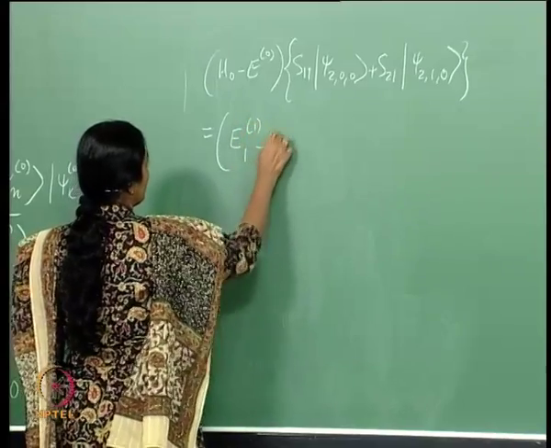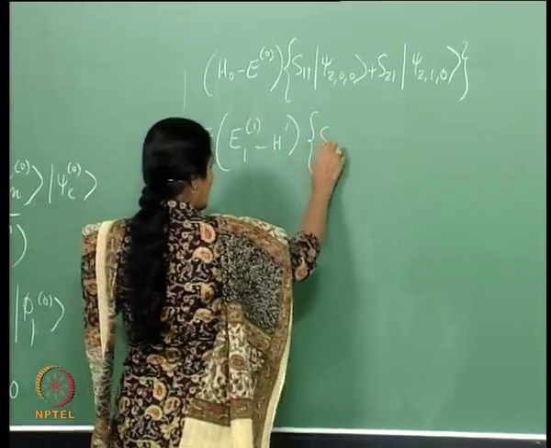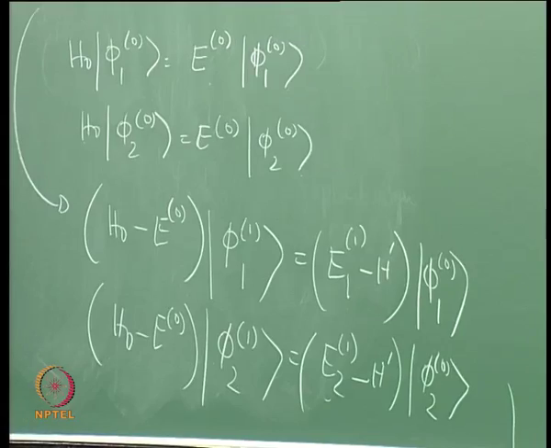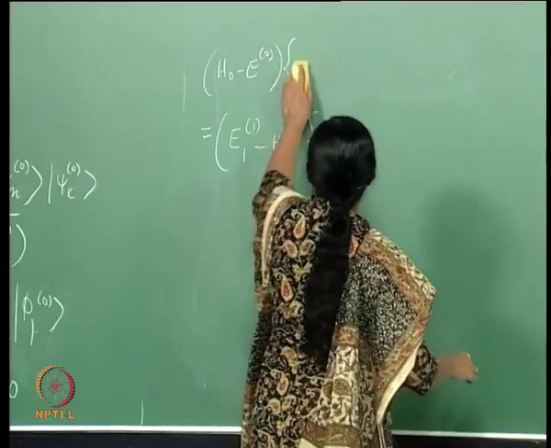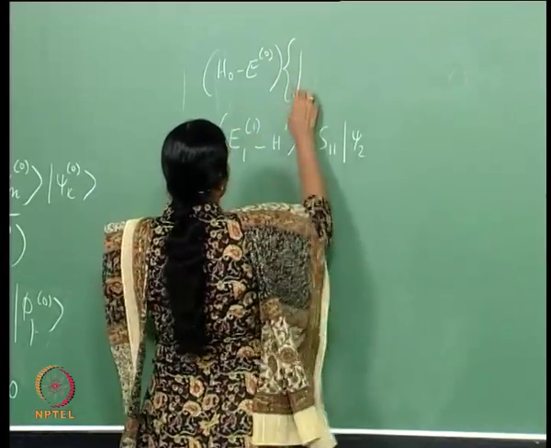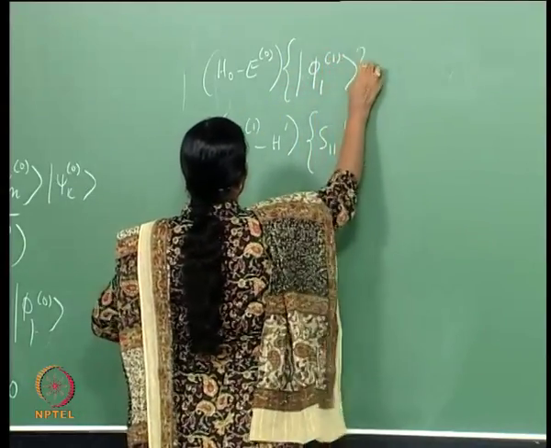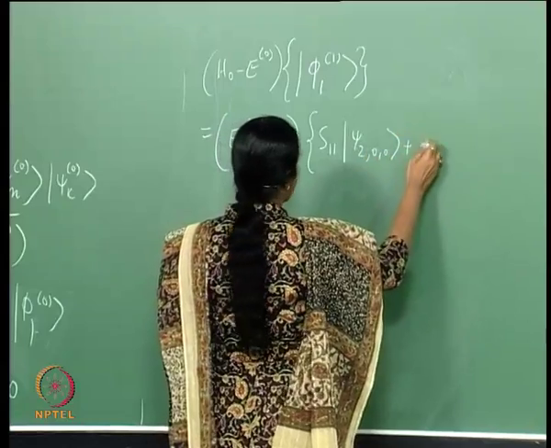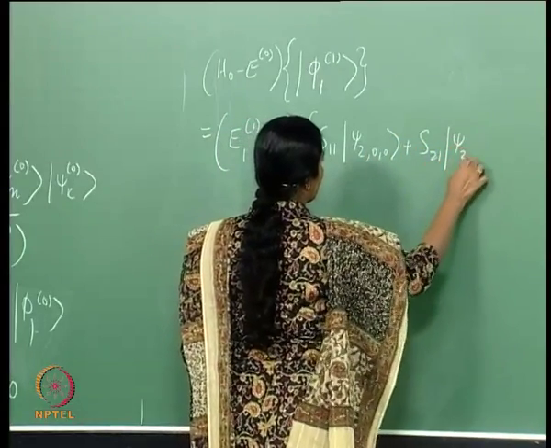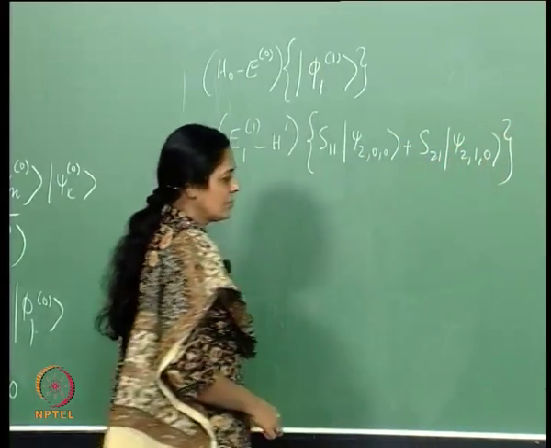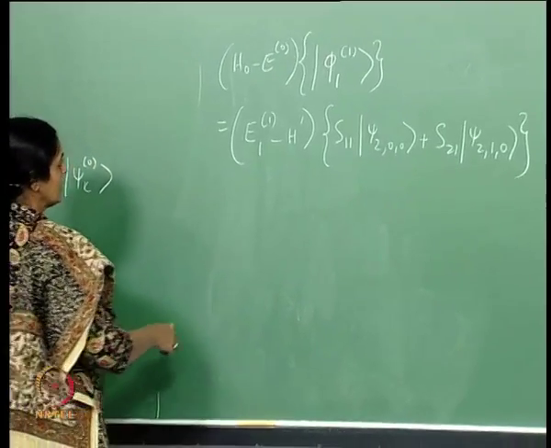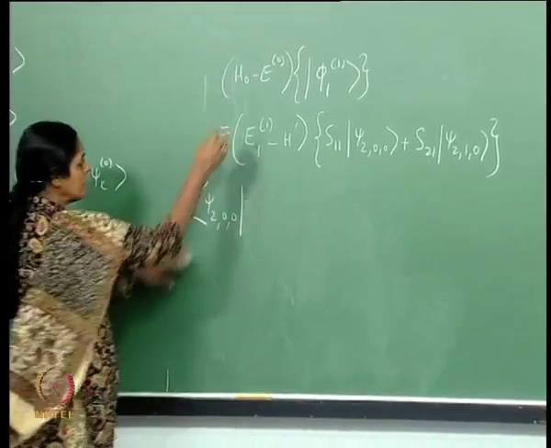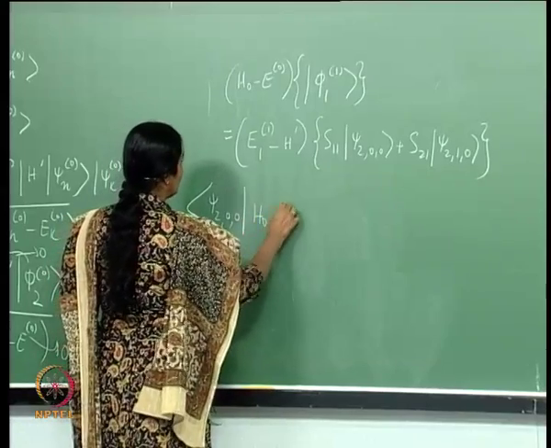That is E 1 1 minus H prime acting on S 1 1 psi 2 0 0 plus S 2 1 psi 2 1 0. I have phi 1 1, right. So let me start with phi 1 1. This is my first equation. Let me do the following. Let me flank it on this side with psi 2 0 0.